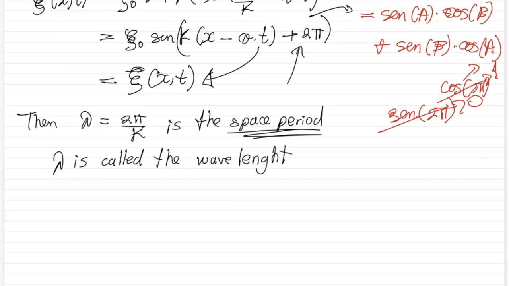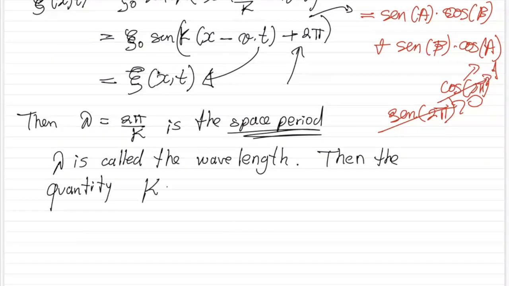I'm spelling wavelength. Then the quantity k equal to 2 pi over lambda is the wave number.